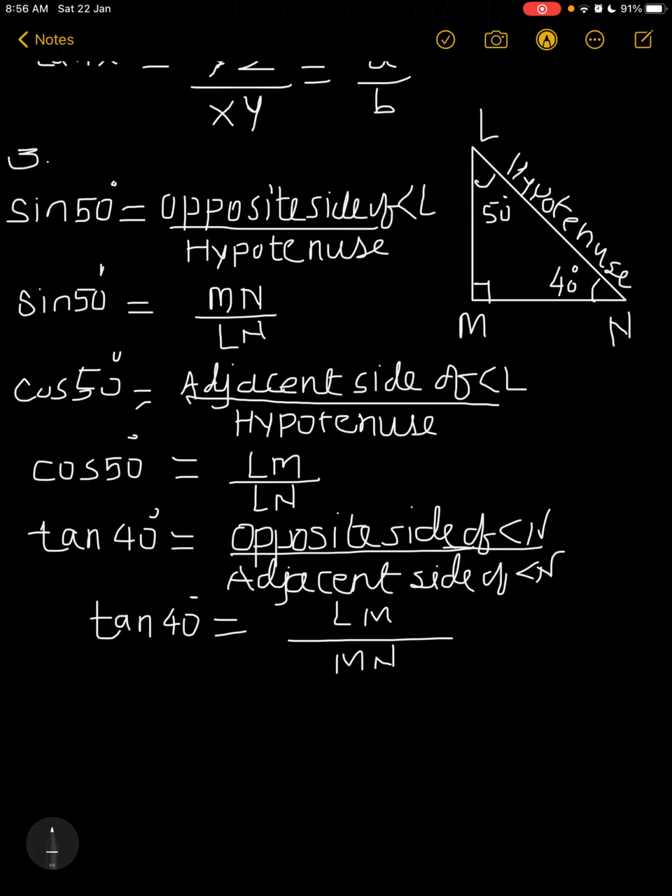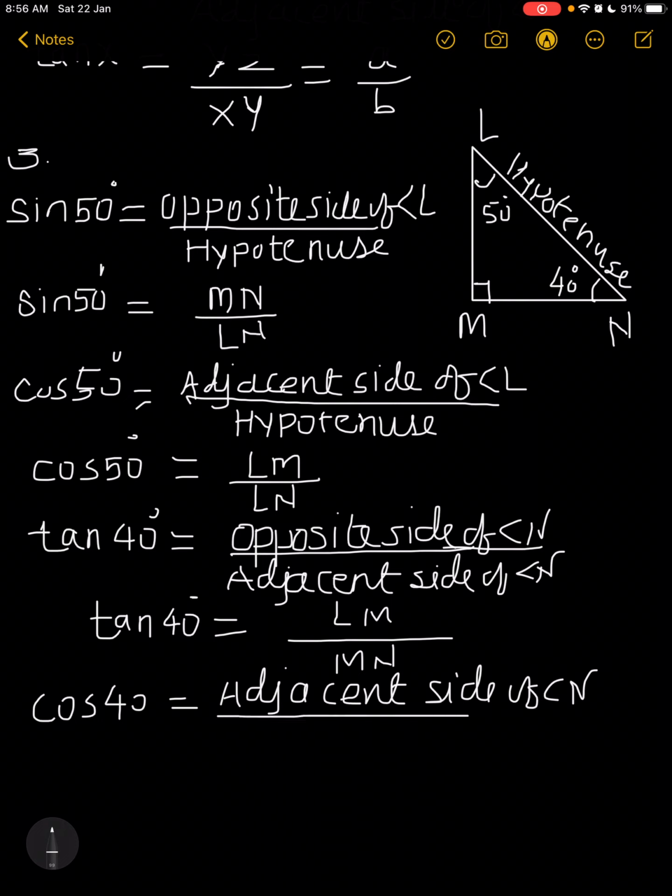The last ratio is cos 40. For cos 40, I will write the definition, adjacent side of 40 degrees, the measure of angle N. Adjacent side of angle N divided with the hypotenuse. This ratio is called cos 40 degree.